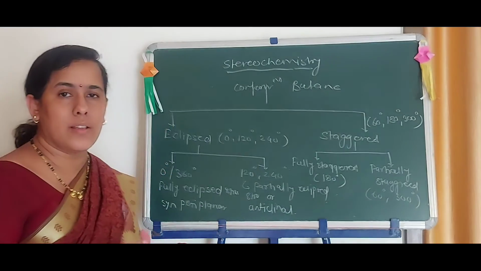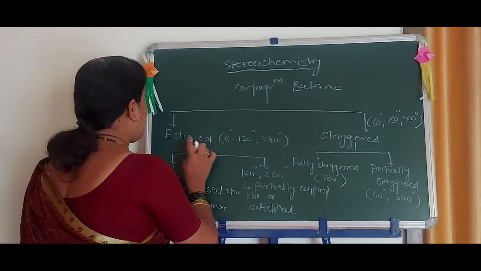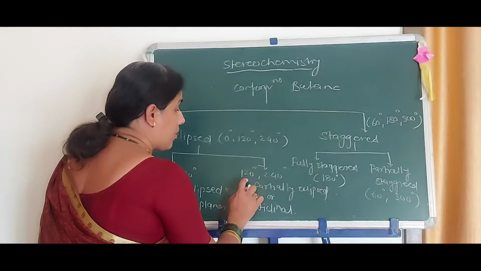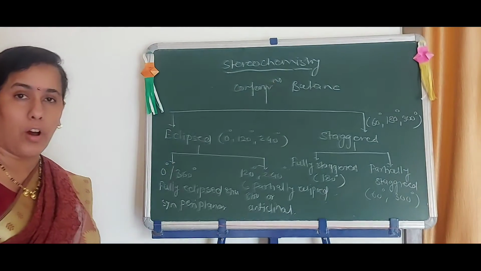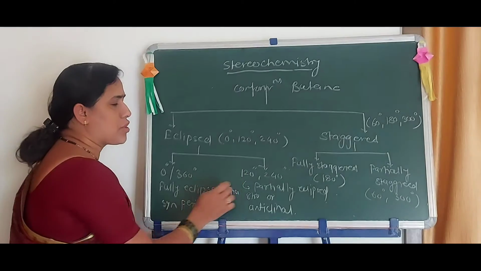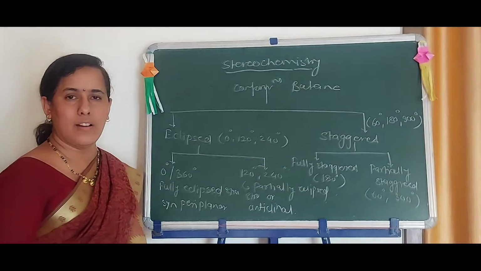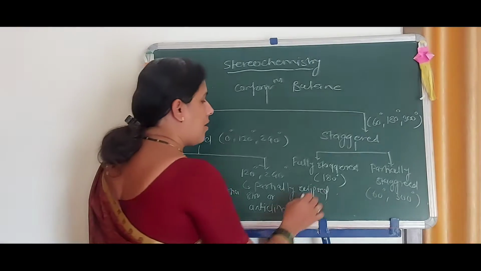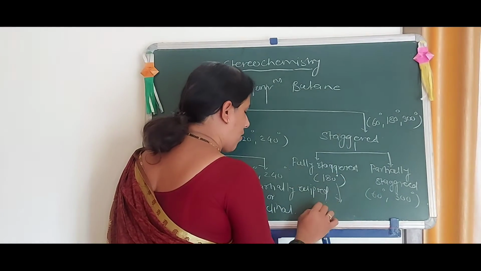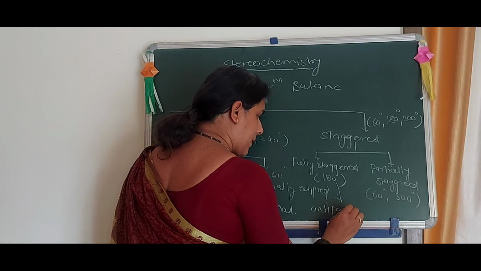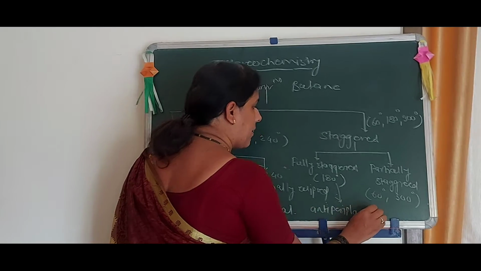You have to keep in mind that for fully eclipsed or partially eclipsed, according to dihedral angle, you have to draw the Newman projection formulae in case of the eclipsed and staggered structures. Here, the fully staggered structure is also called anti-periplanar.